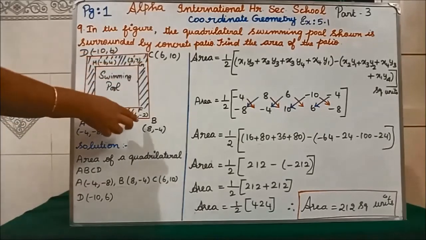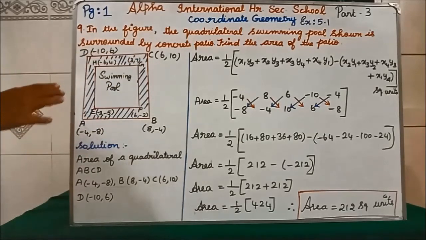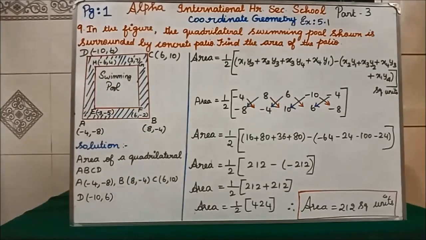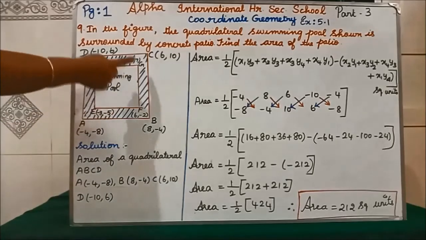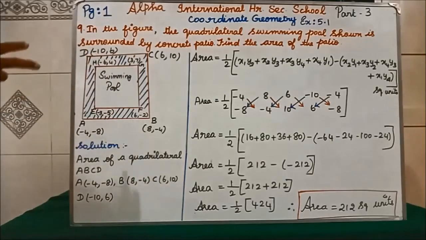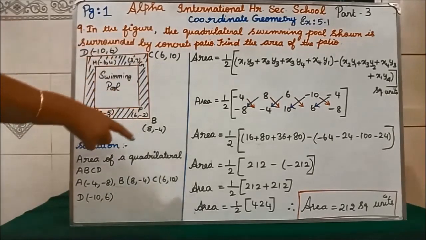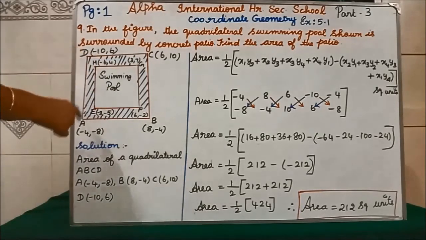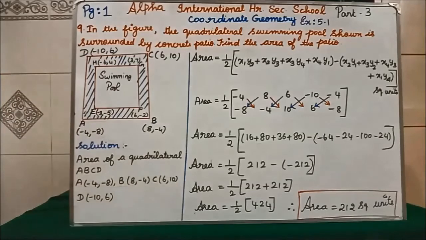We will get the shaded portion, no? So first we are going to find the area of the quadrilateral ABCD. Next we are going to find the area of the quadrilateral EFGH. Afterwards, we are going to subtract the small quadrilateral from the big quadrilateral. Then we will get the area of the patio.